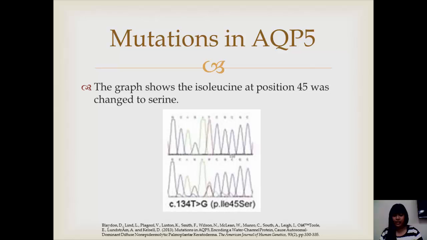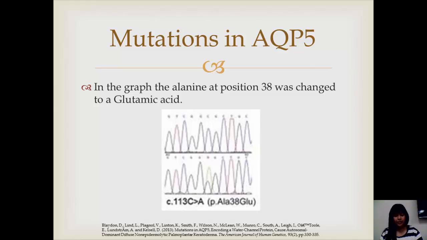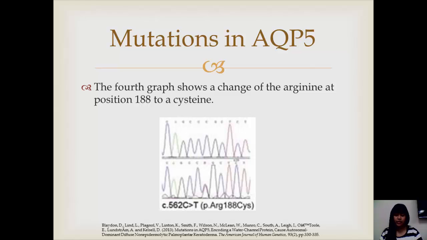The second graph shows that isoleucine at position 45 was changed to serine. The third graph shown on the screen shows that alanine at position 38 was changed to glutamic acid. The fourth graph shows that at position 188, the amino acid arginine changed to cysteine.